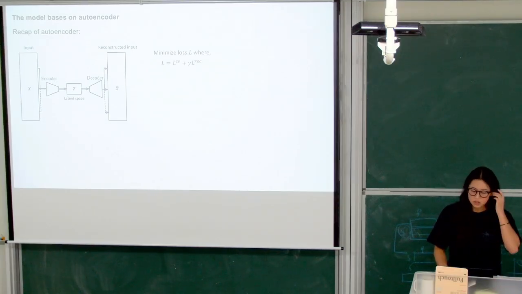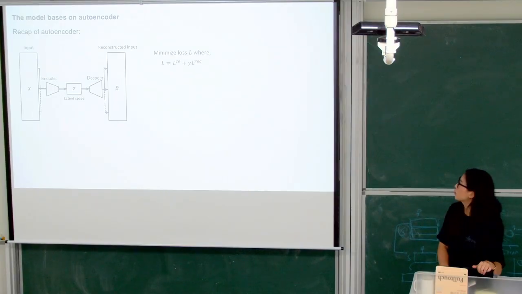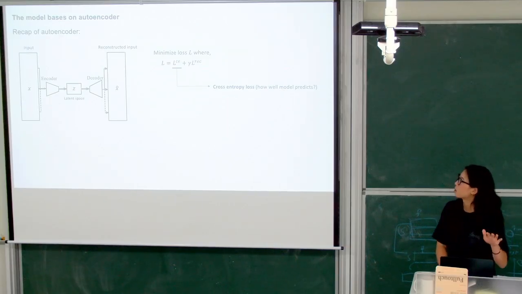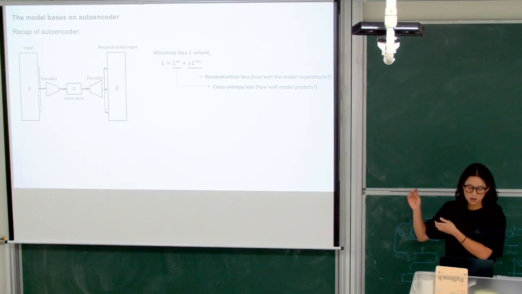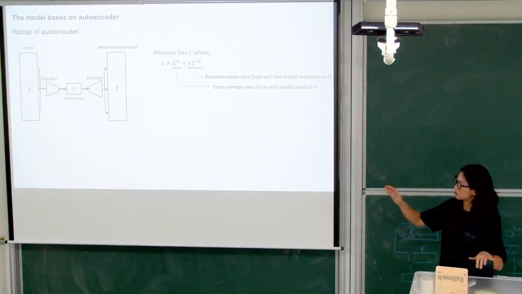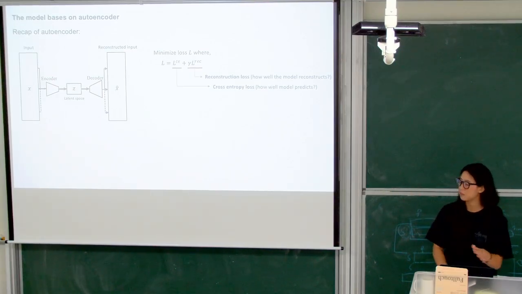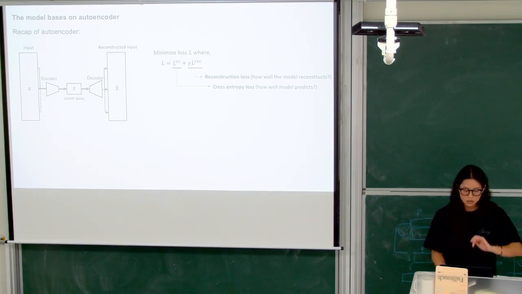The well-known loss for an autoencoder uses the cross-entropy loss, how well the model predicts, and how well the latent space is able to reconstruct through the decoder. So this is the basic structure of the autoencoder.